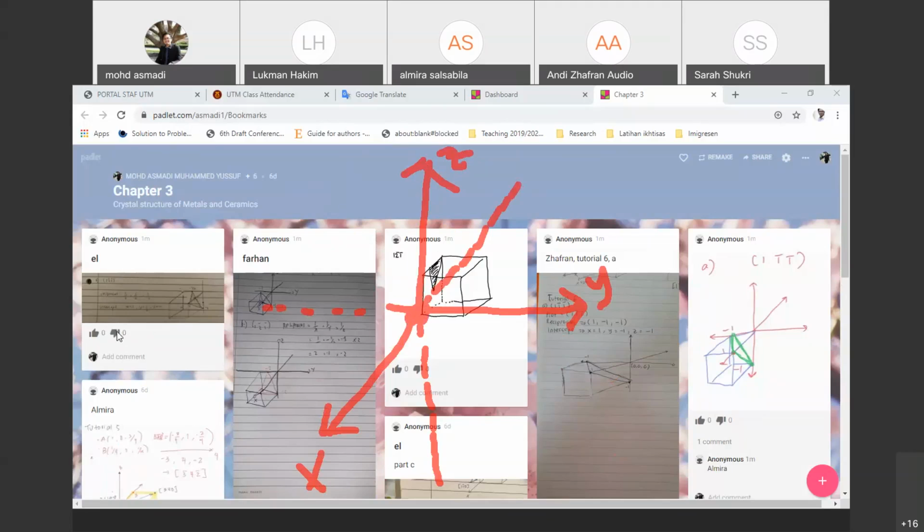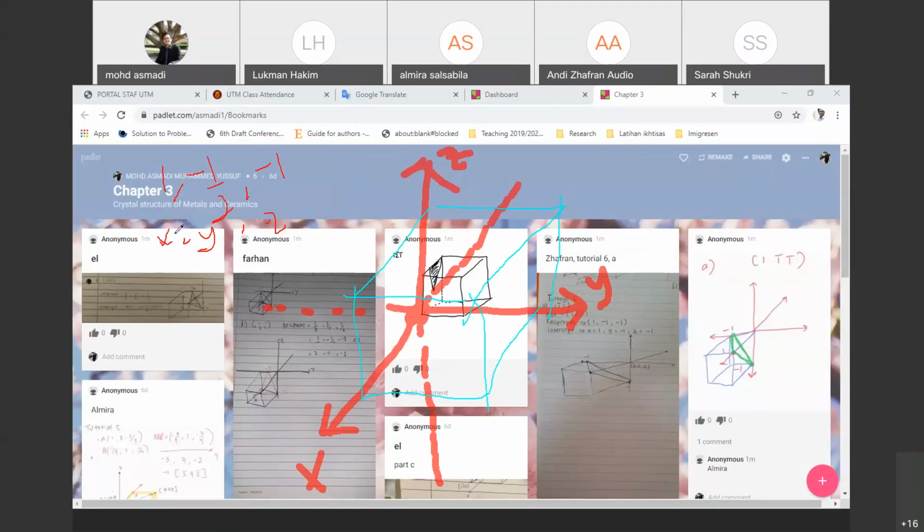Look here, this one is the original. You can see the intercepts are 1, negative half, as well as negative 1, for x, y, and z.